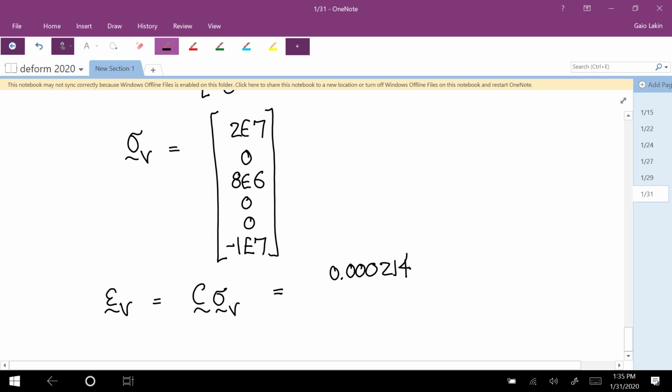0.30214. So that's the XX normal strain. Then the second one is negative 0.40896.